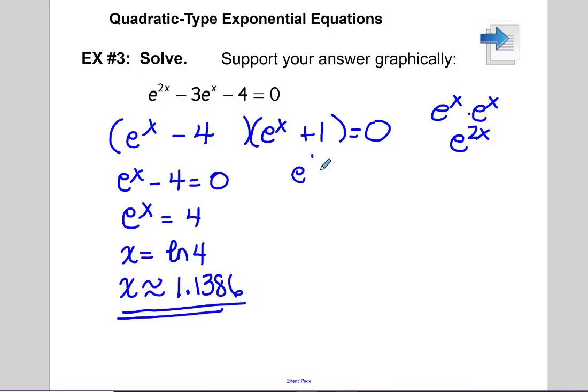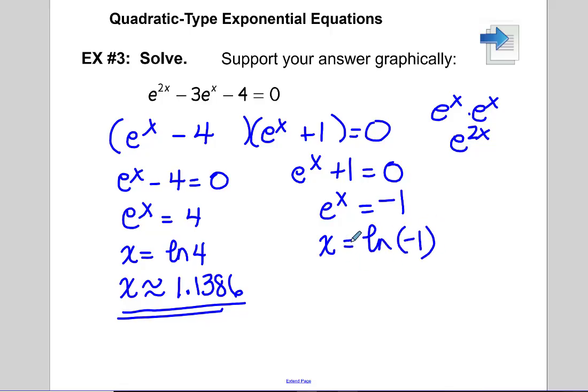Now the second factor or argument, e to the x plus 1, won't work because we can't have e to the x being a negative 1, because that would mean x is the natural log of negative 1, and that doesn't work. So this expression leads us to an extraneous solution, and only this one is going to work.